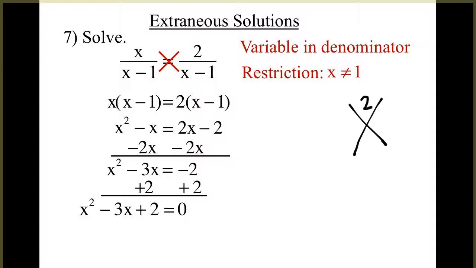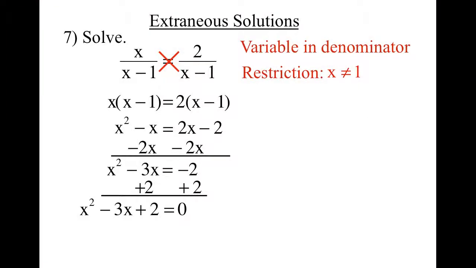What multiplies to 2 and adds to negative 3? How about negative 2, negative 1? So this becomes x minus 1, x minus 2. When I get that all alone, we get the solutions x equals 1 and x equals 2.